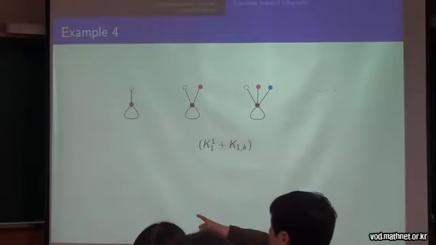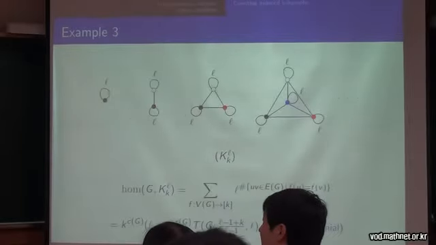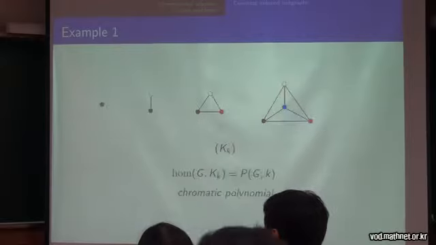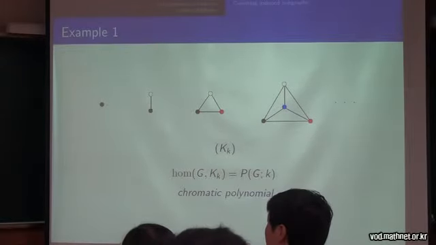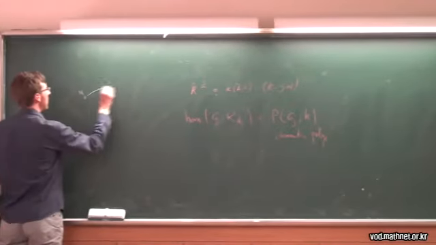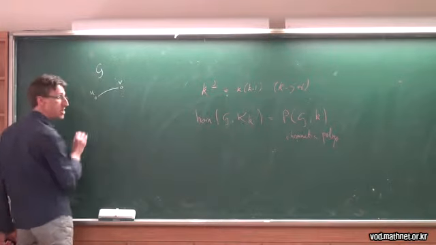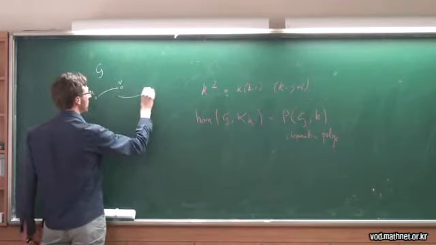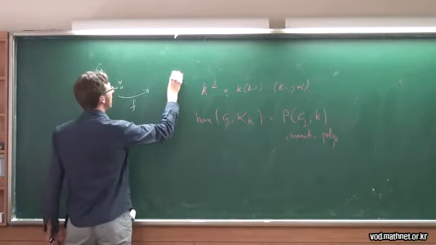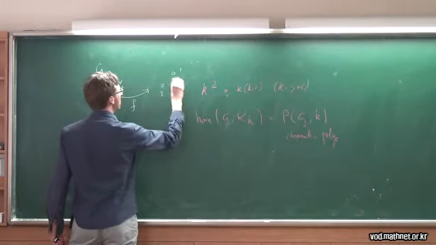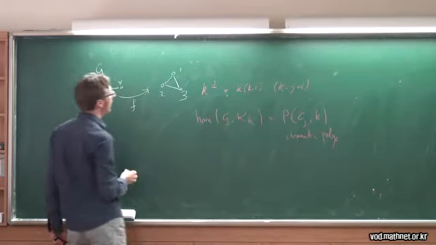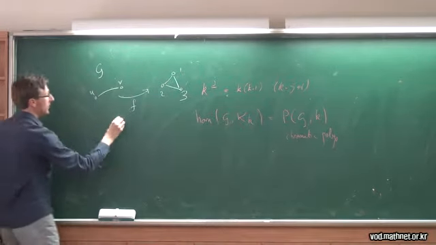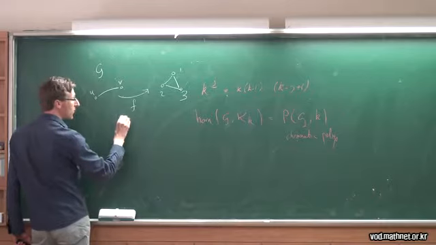Could you explain about the first example? I didn't understand this one. Yeah. Right. So when I have an edge, so here's G, an edge in G, and I'm going to map it to K3. What's the property I need?